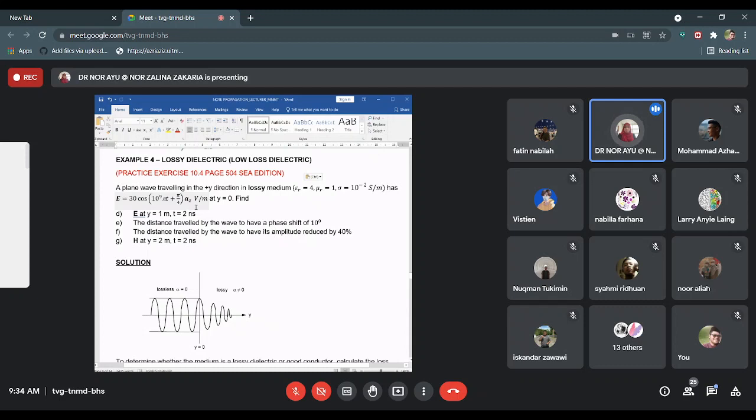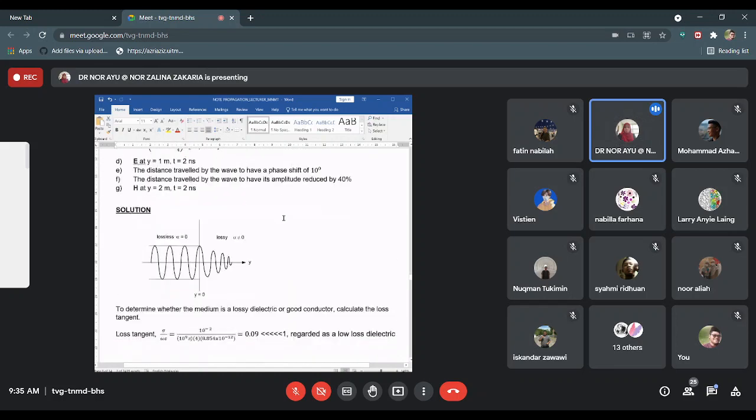But again, you see it says here this is a lossy medium. So lossy medium means it has epsilon minus alpha z from earlier. So you need to be careful of that. Lossy medium, go back to the general equation and look again at what is in the general equations, because the equation given to you is not enough. So later it will ask you to find it, I think. Okay, later we will go through.